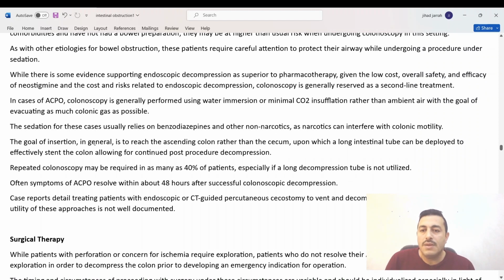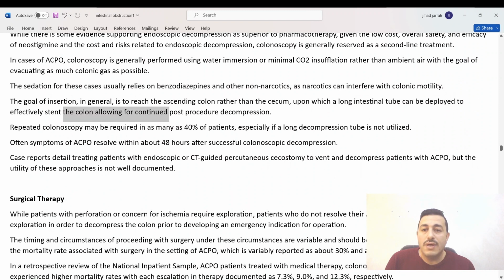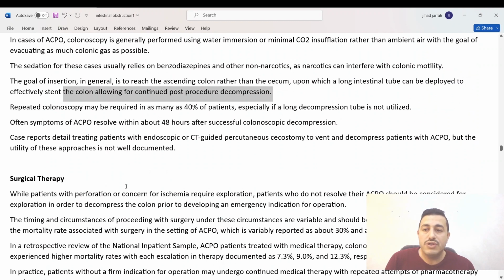So we should reach the ascending colon, we shouldn't stop at the cecum, and a long intestinal tube should be inserted to stent the colon and to allow for continued post-procedure decompression.